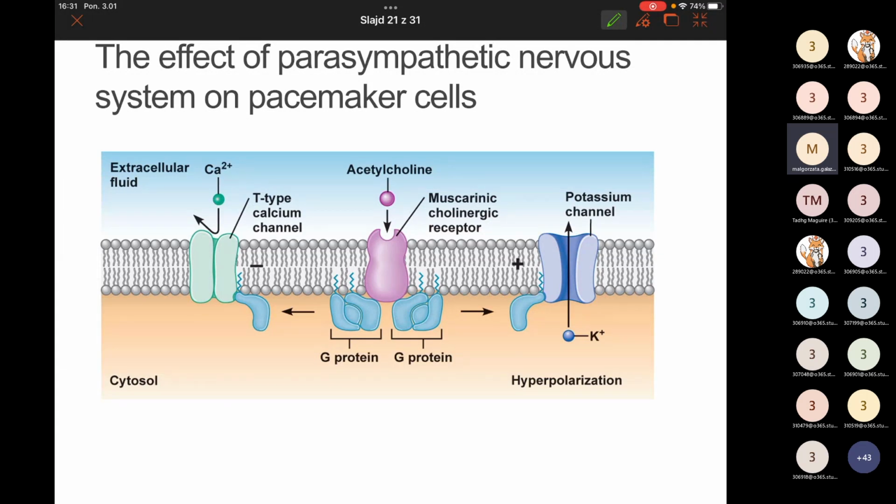During the next lecture, we are going to discuss the effect of parasympathetic nervous system on pacemaker cells and cardiomyocytes. We'll also try to focus on the effect of sympathetic and parasympathetic nervous system on the conduction system of the heart. So we'll discuss the chronotropic and dromotropic effect, and then we are going to discuss the cardiac cycle and the blood pressure regulation.